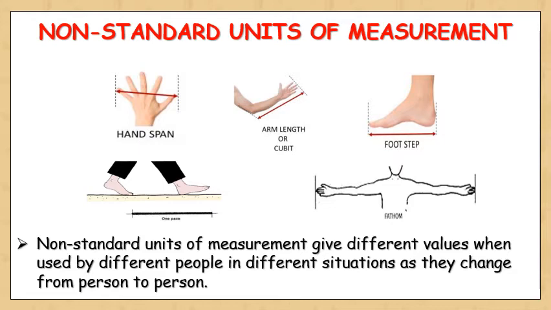Handspan, cubit, pace, fathom and foot are some of the common units used for measuring length. But soon it was realized that these units of measurements are not reliable because the length of the body parts vary from person to person. Therefore, these units are called non-standard units of measurement.